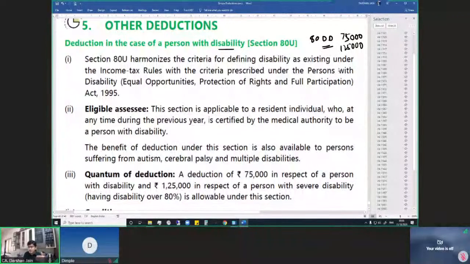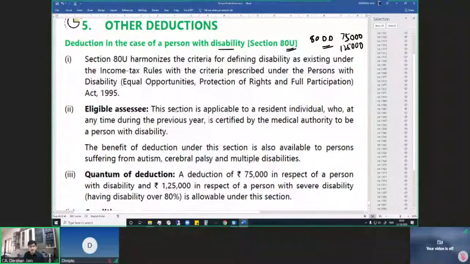Now, if a person is disabled but is not dependent on anybody, he could claim deduction independently under section 80U of the Act. Right? 80U harmonizes the criteria for defining disability as existing under the income tax rules.